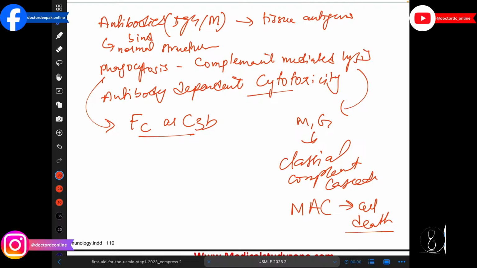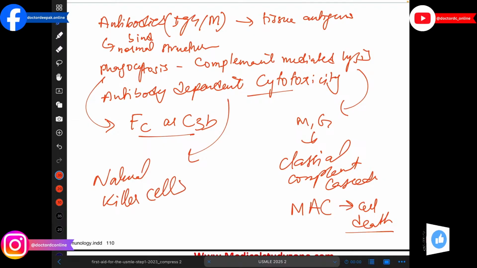And third, antibody dependent cytotoxicity. They have antibody dependent cell-mediated cytotoxicity, and they use natural killer cells. Natural killer cells bind with the Fc portion of IgG, so they are activated and cause destruction.